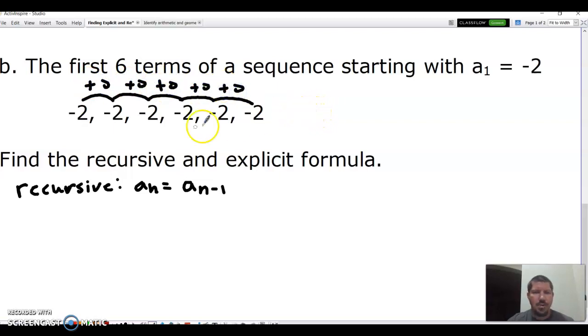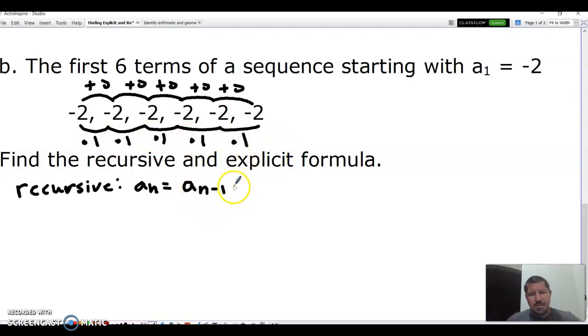Or, as you'll find out in the next video, or I talk about a little bit right now, if these were all a product, if it's a geometric, this type of sequence can be both. It's arithmetic because I'm adding 0, or it's geometric, which I'll talk about more in the next video, because I'm multiplying by 1 every time.